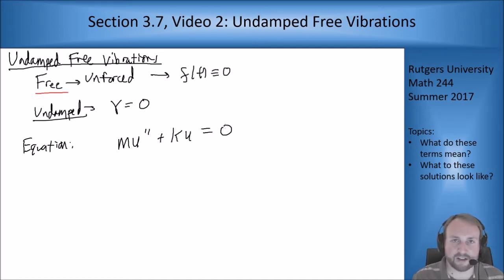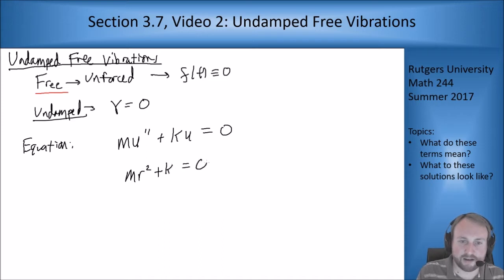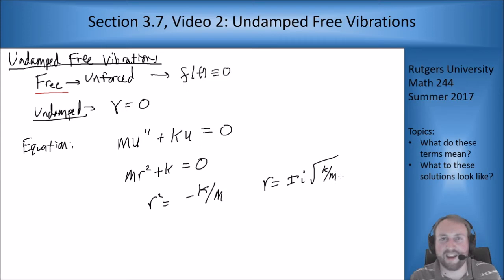Now we can look to solve this explicitly. What is the characteristic equation of this ODE? It's just m r squared plus k equals 0. So r squared equals negative k over m, which means r equals plus or minus i times the square root of k over m. Remember, k and m are both positive constants, so this ratio is positive, and we're taking the square root of a negative number, which gives an i.